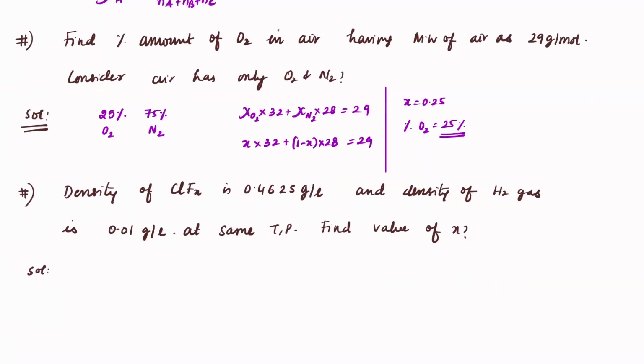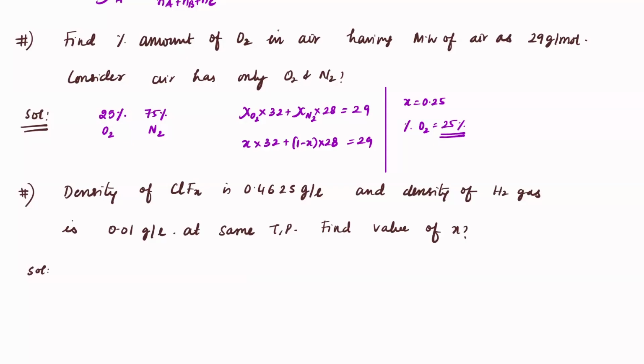Use the same similar idea and try the next one. We have density of ClFx, which is 0.4625 gram per liter, and density of hydrogen gas is 0.01 gram per liter at the same temperature.